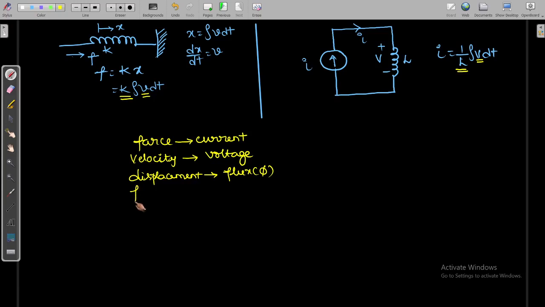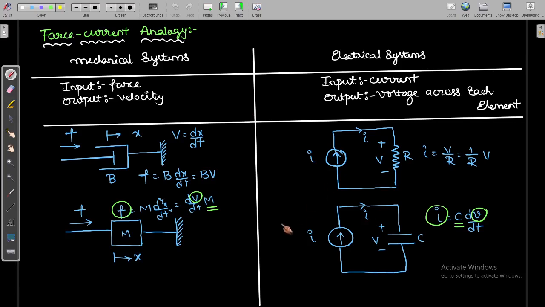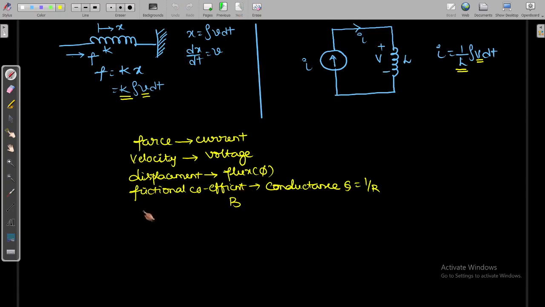Frictional constant, that is the damping constant, frictional coefficient or dashpot coefficient B, can be replaced with the conductance, G equal to 1 by R. That is what we got in the previous first one. B is equal to the inverse of resistance. Here v, the velocity, can be compared with the voltage. Now we get B as the inverse of the resistance, or conductance.